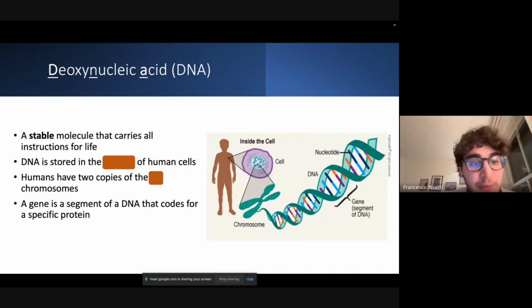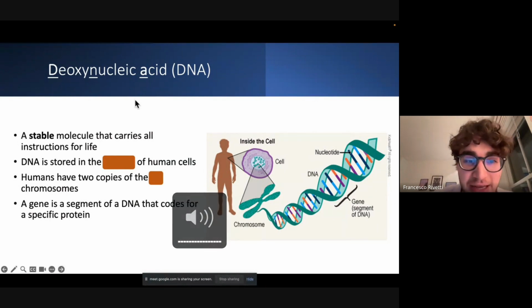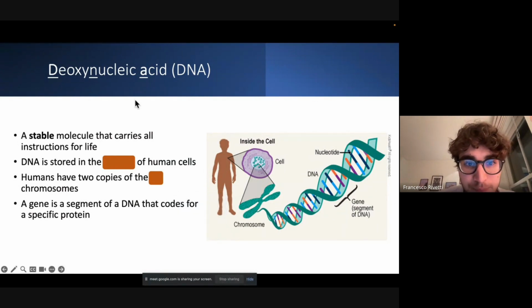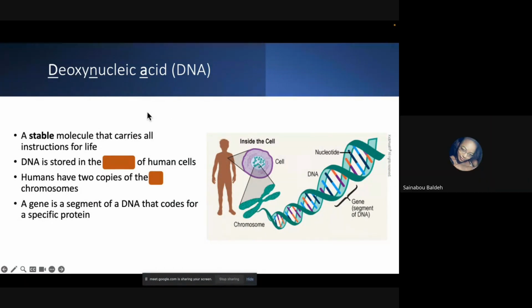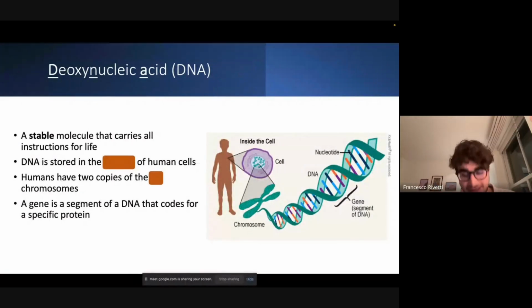Now, I have a question: does anyone know where the DNA is stored in human cells? Any ideas? The chromosome. Is it in the nucleus? Yes, exactly, in the nucleus.